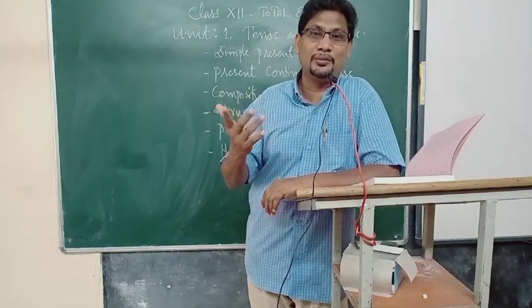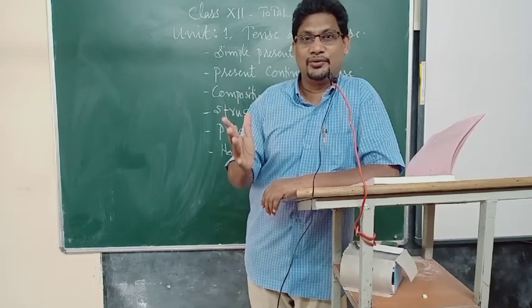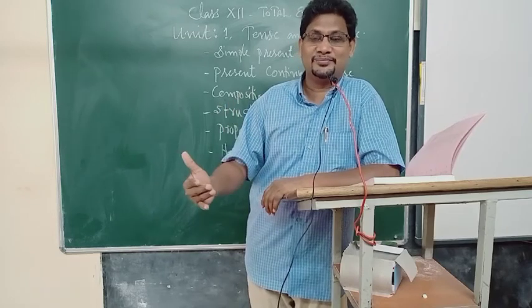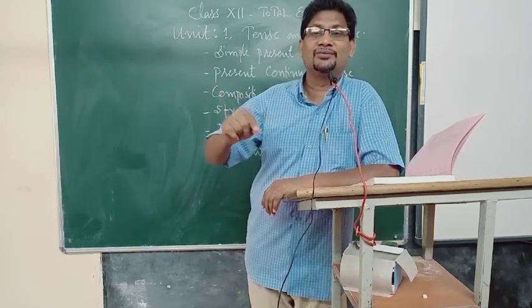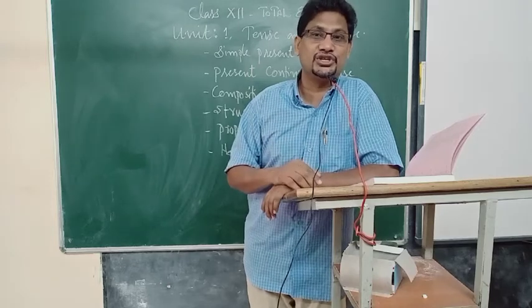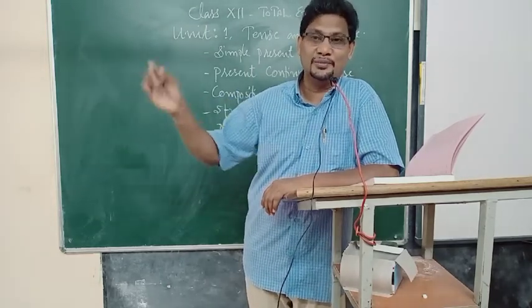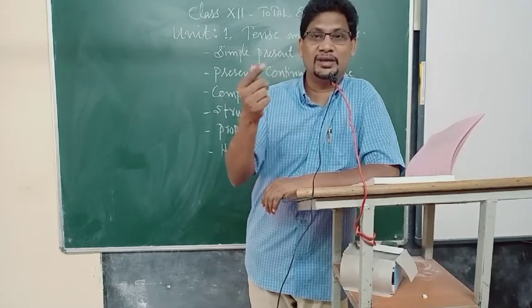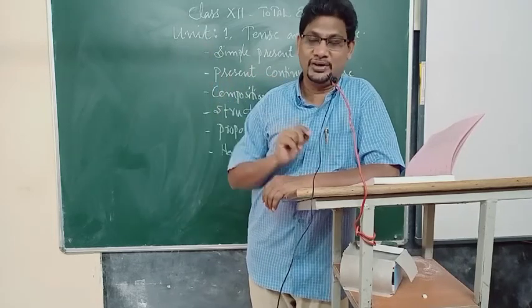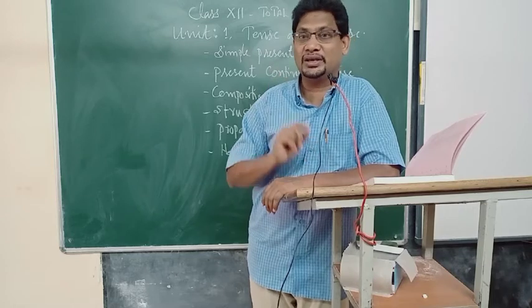I write, he writes. When the third person comes, he, she, it, as the subject, we have to add s or es according to the verb, only in the case of the third person.